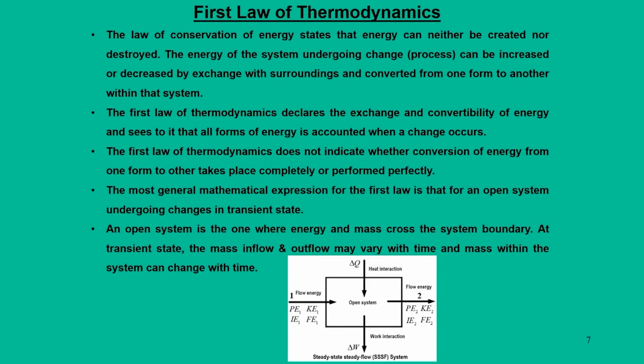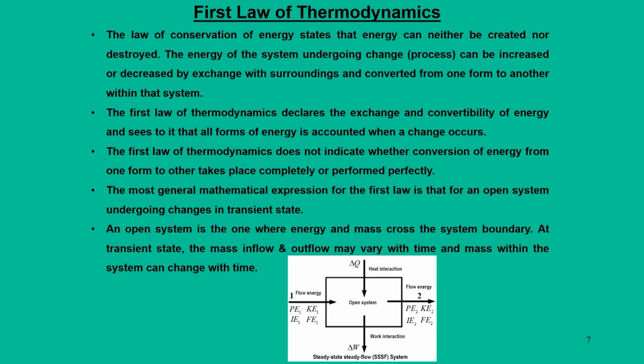Then let us review the first law of thermodynamics. It is what we call the conservation of energy principle. It says that the energy of a system undergoing a change or process can be increased or decreased by exchange with the surroundings, and it can be converted from one form to another within the system. Through this process, energy is conserved.